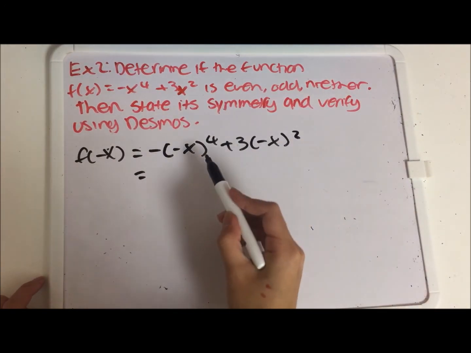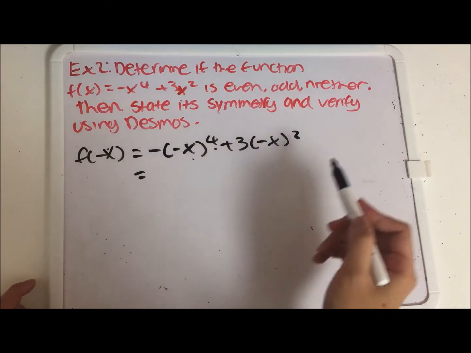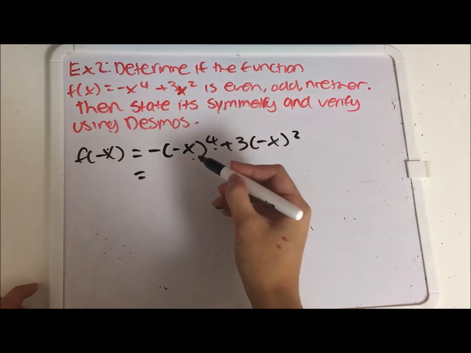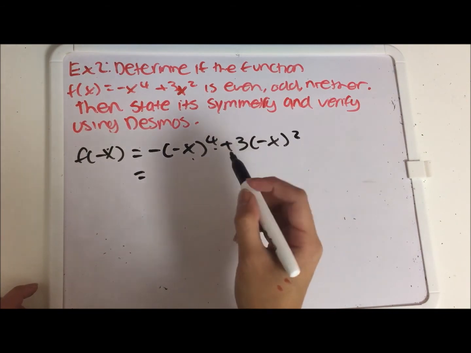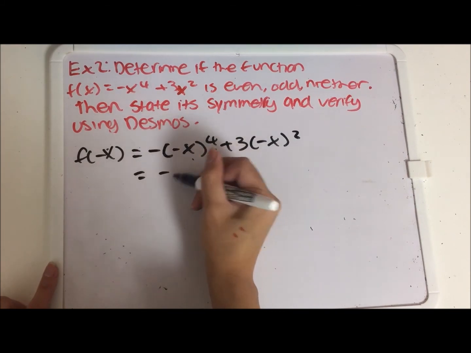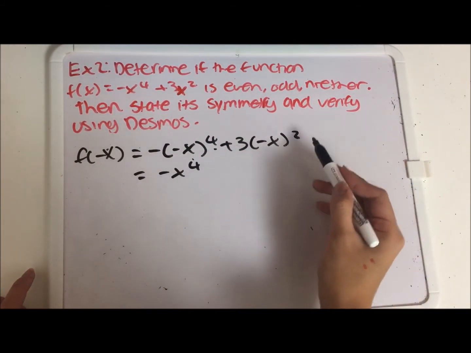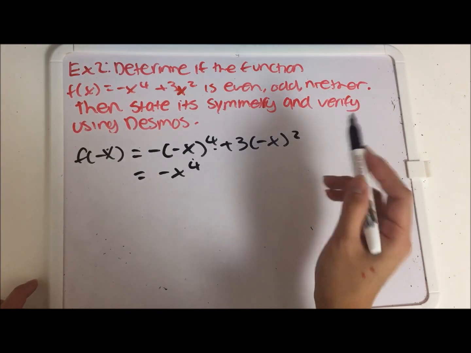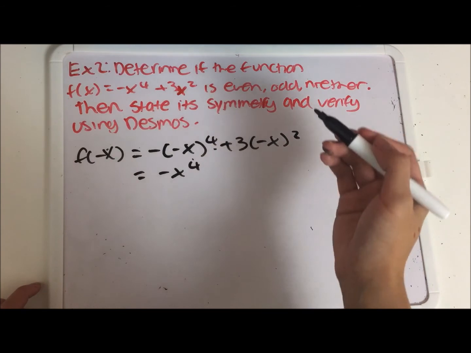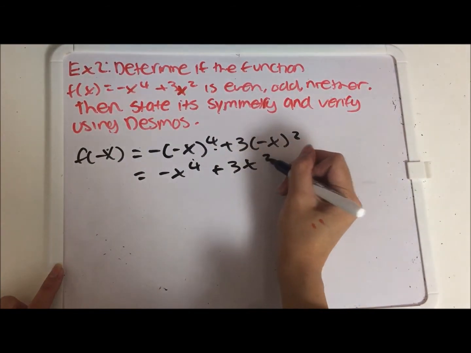Negative x to the power 4 has an even exponent, and it's in the bracket, so it's going to become positive x to the power 4, and then you multiply by the outside, giving you negative x to the power 4. In this case, same thing, the exponent is even, so negative x is going to become positive x. So positive x squared multiplied by 3 gives you 3x squared.